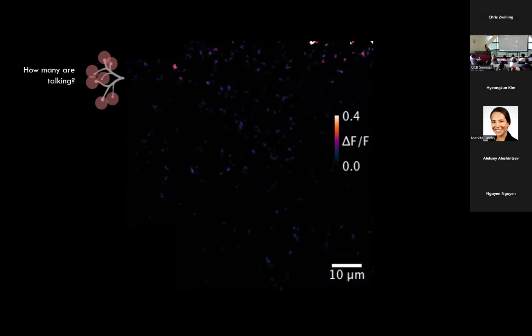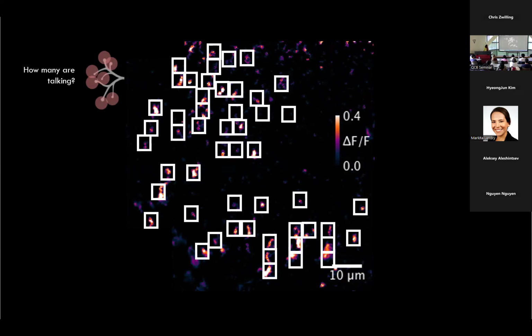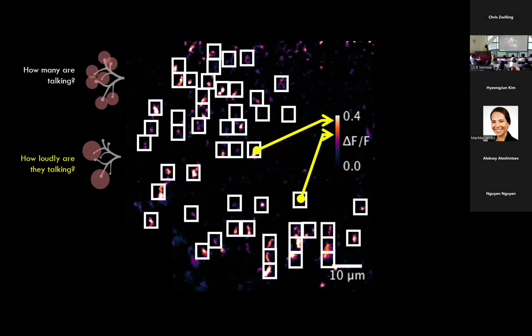Not on mute, but actually exocytosing neurochemicals. Of those that are talking, how loudly is each talking, right? And by using probes for different neuromodulators, we can also understand what language each of these spots is speaking. And so moving forward, this is how we're doing our analysis.